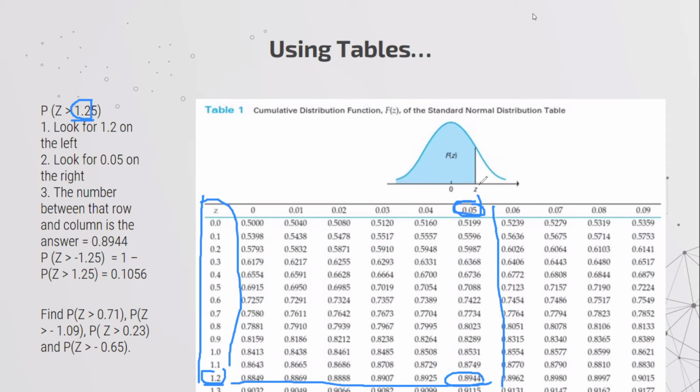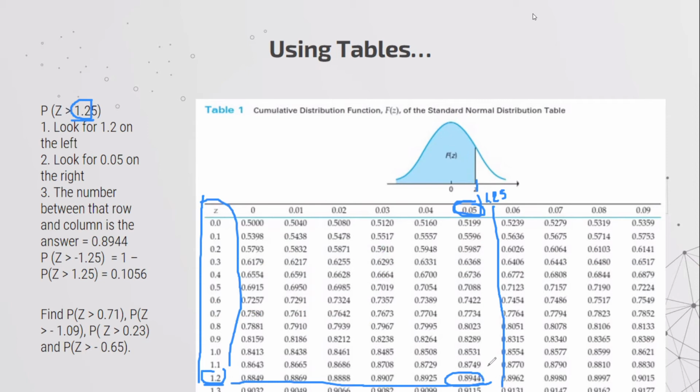If this number is 1.5, it means that the area is equal to 0.89.